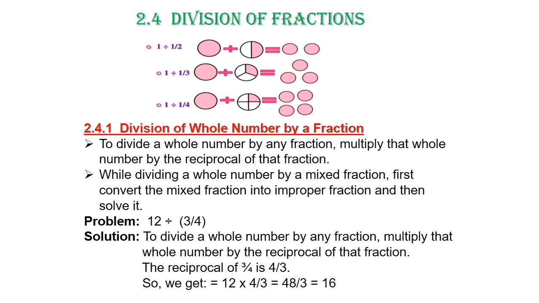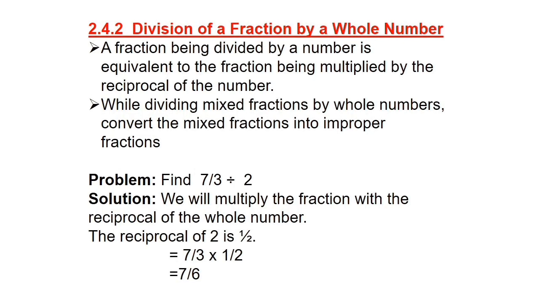To divide a whole number by any fraction, multiply that whole number by the reciprocal of that fraction. The reciprocal of 3 by 4 is 4 by 3. So we get 12 into 4 by 3 equals 48 by 3, and by further simplification we get the answer as 16.